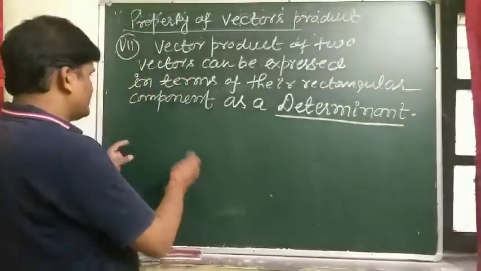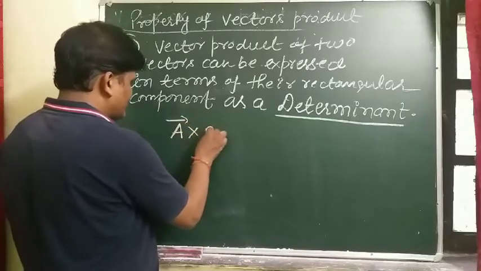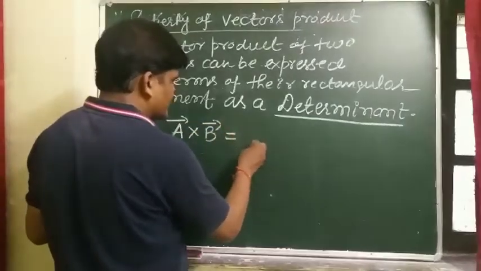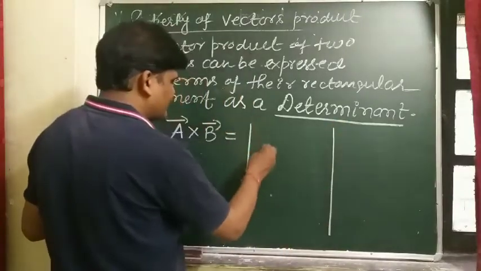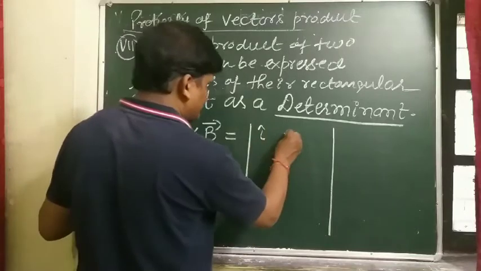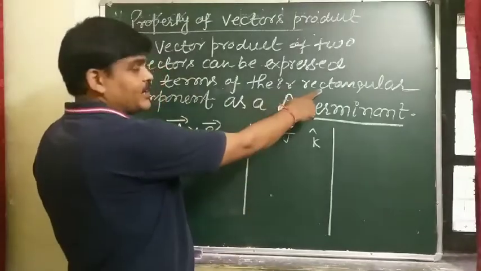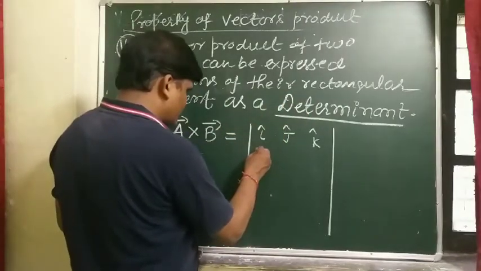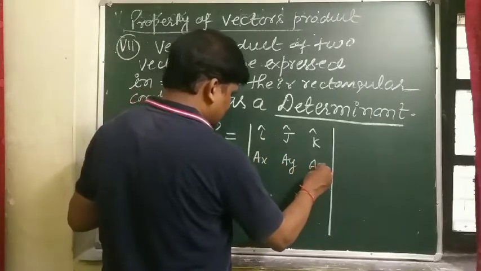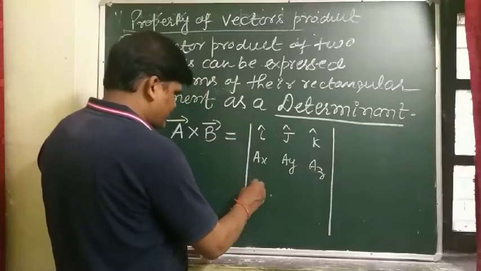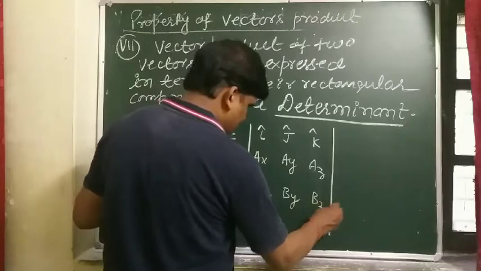So we can write it. What is the determinant form? Vector A cross B is written in the form of a determinant. The symbol of a determinant is two parallel lines, and here we use i cap, j cap, k cap, and the rectangular components of the two vectors: Ax, Ay, Az, Bx, By, Bz.